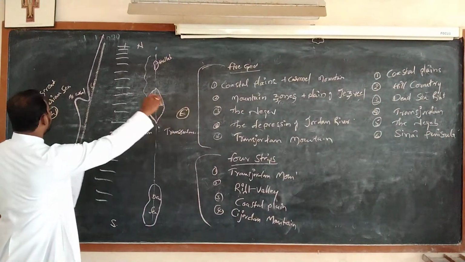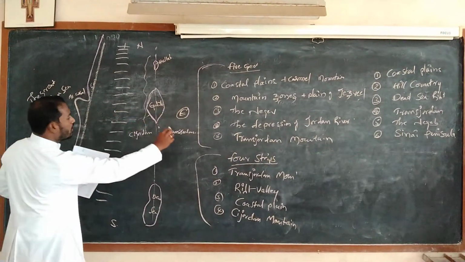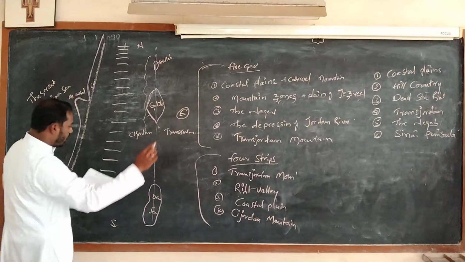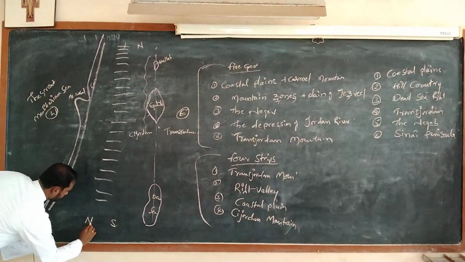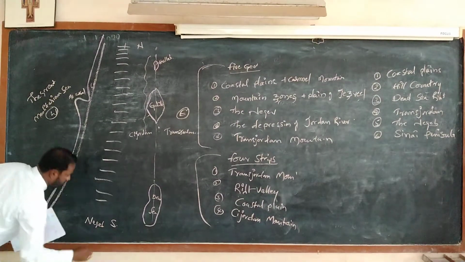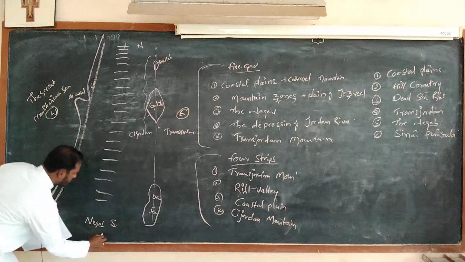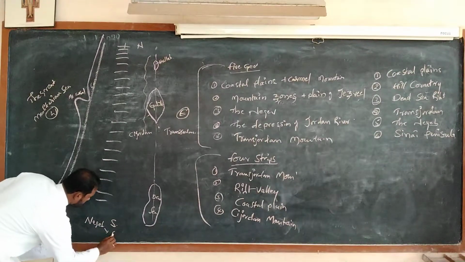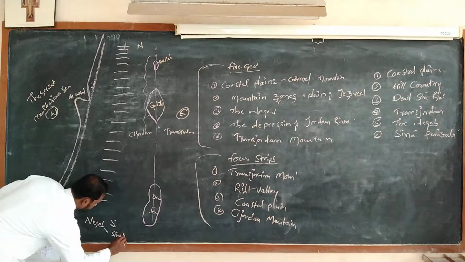So the coastal plains, hill country, Dead Sea Rift and Negev. Negev is here. Sinai Peninsula is just down from the Negev.